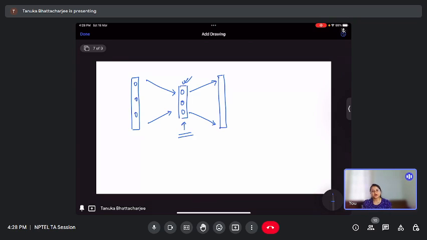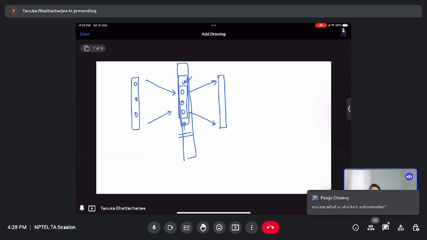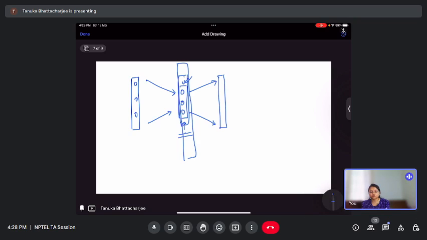But in case of sparse autoencoder, we do not do that. We can have any number of neurons in this particular layer. You can have equal number as the input, or even a higher number of units in this hidden or latent representation. But the idea is that when your input passes through these neurons, the activations should be small for most of the neurons in all cases.